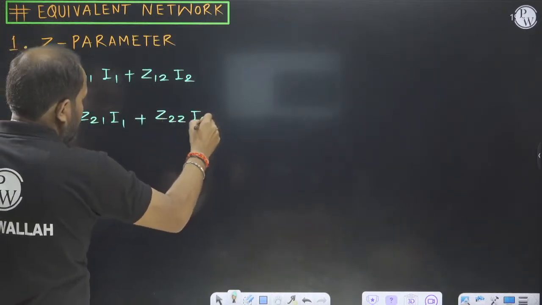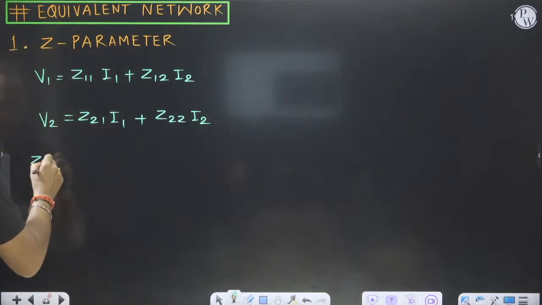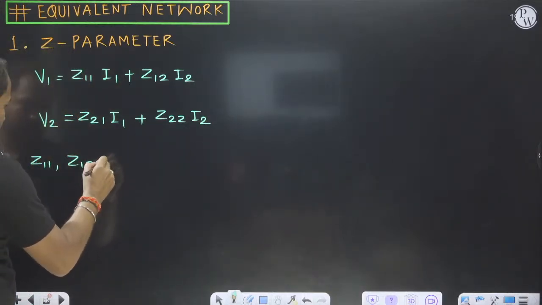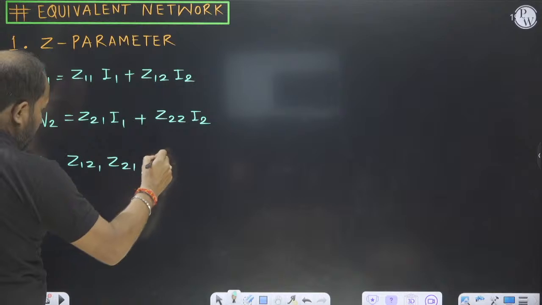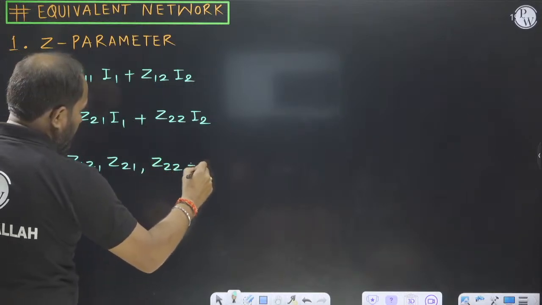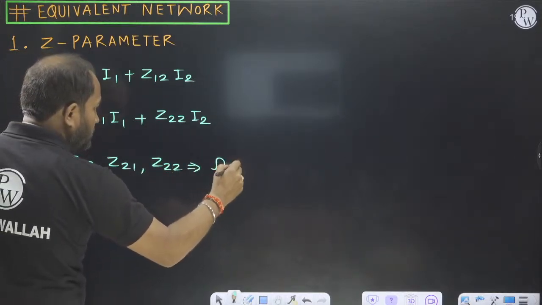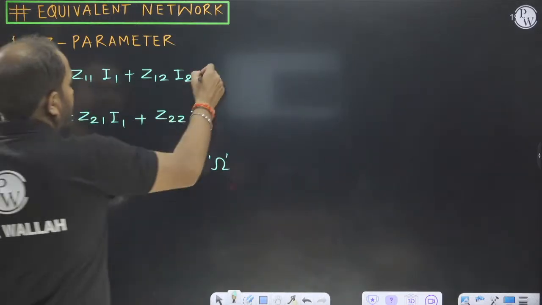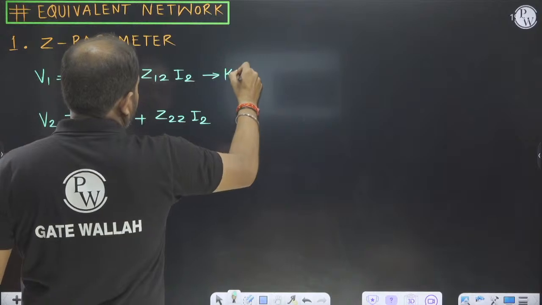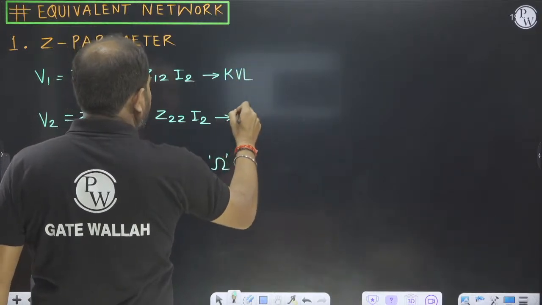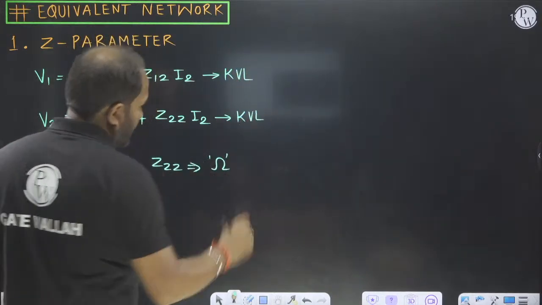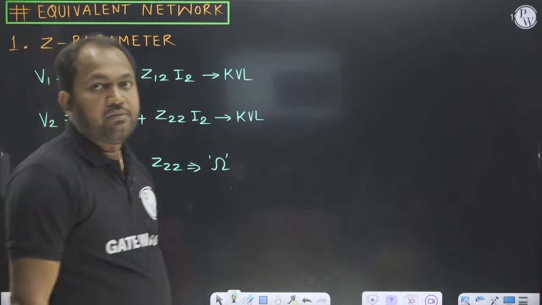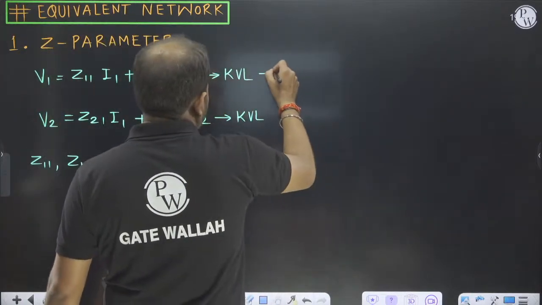Yes sir. Z11, Z12, Z21 and Z22, the unit is ohm. This one is voltage, so we will think like this: it is KVL. And KVL will be applied in series condition.